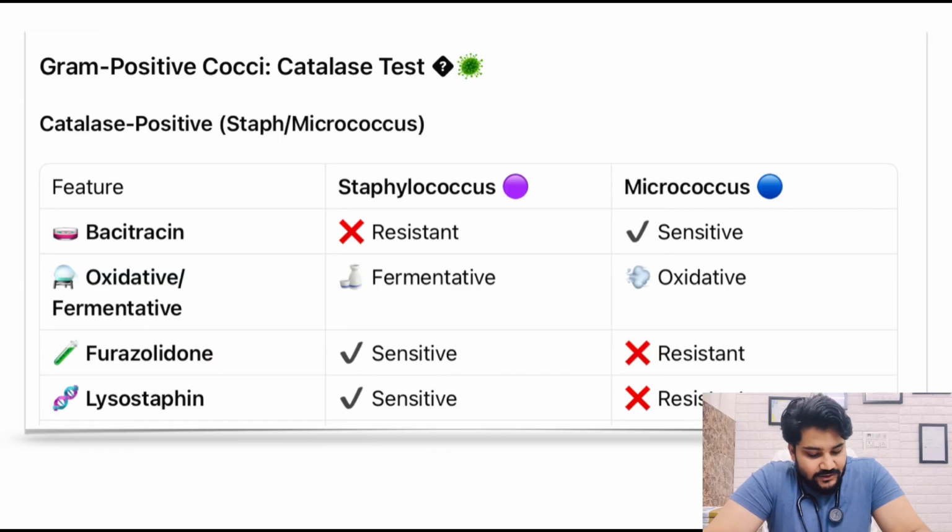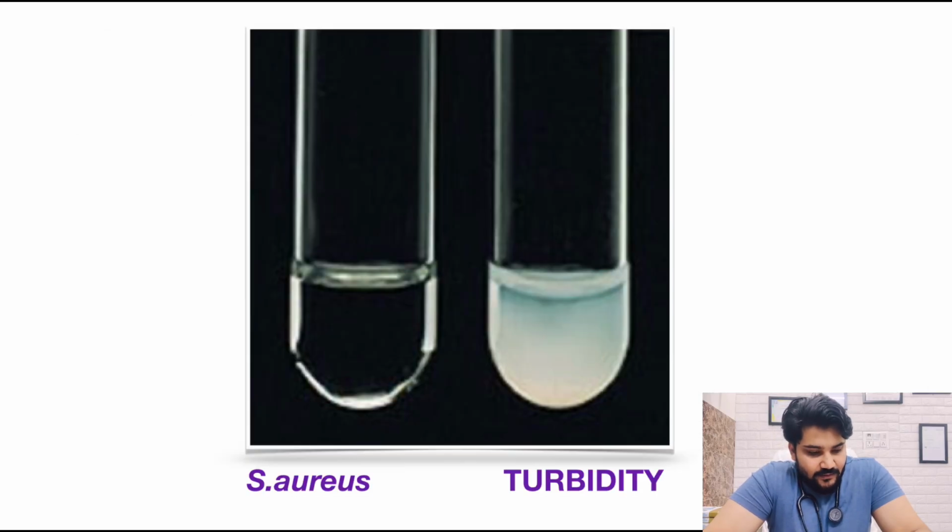Then this is your lysostaphin test. The whole suspension will be turbid. If you put the colony of Staphylococcus aureus, they will break the turbidity, and the whole suspension will become clear. So Staphylococcus aureus will give a clear solution.